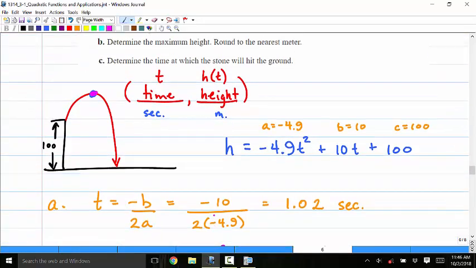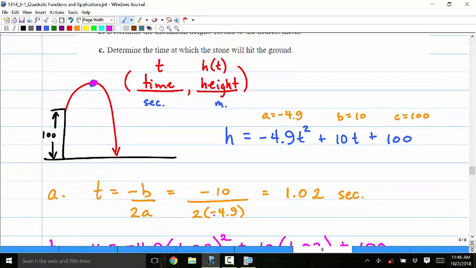What does part C ask? Determine the time at which the stone will hit the ground. So here's where it hits the ground, right? The x-axis. We're wanting to find the t value when the y value is 0.